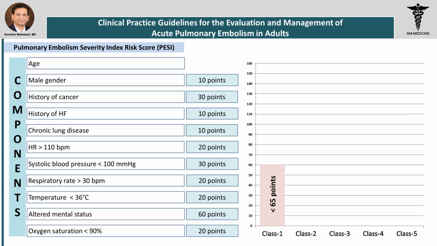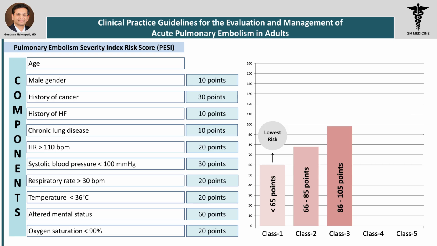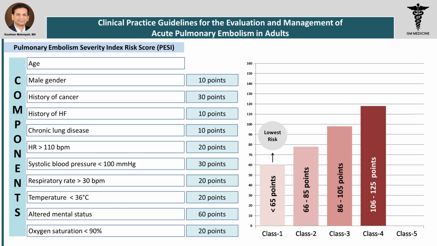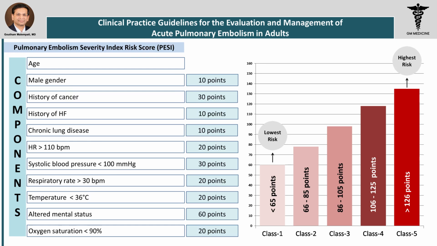Class 1 lowest risk, less than 65 points, class 2, 66 to 85 points, class 3, 86 to 105 points, class 4, 106 to 125 points, class 5 highest risk, greater than 126 points.